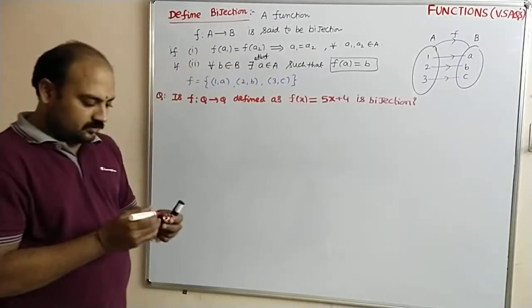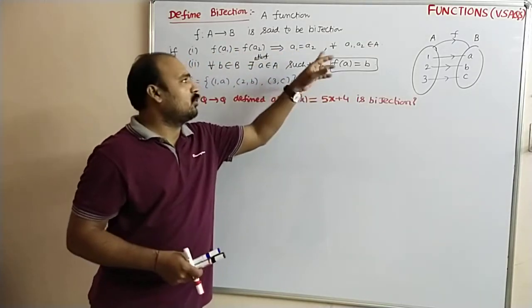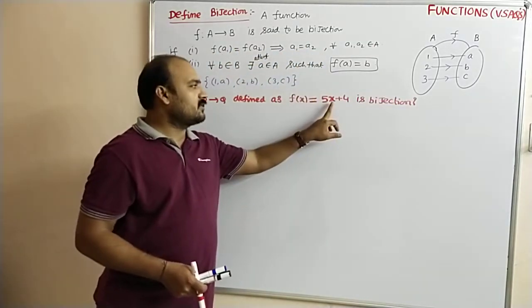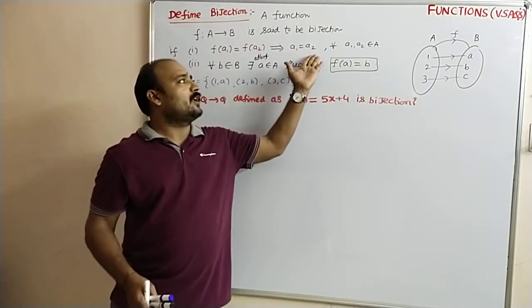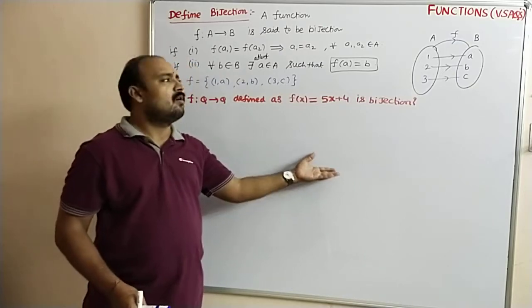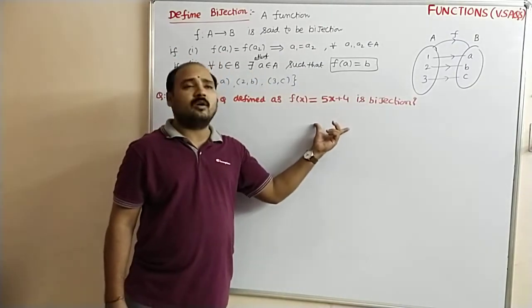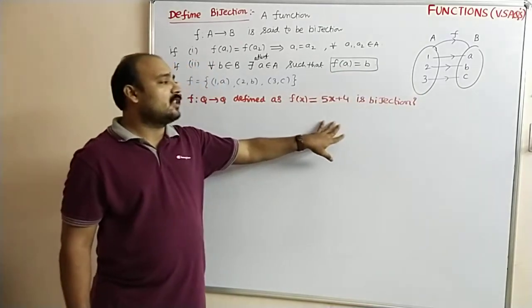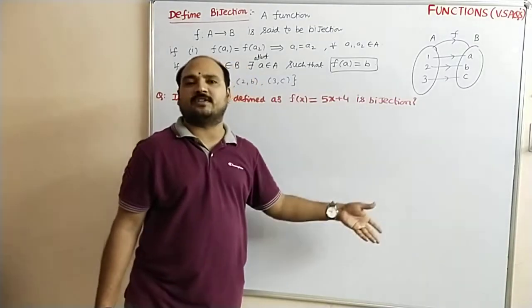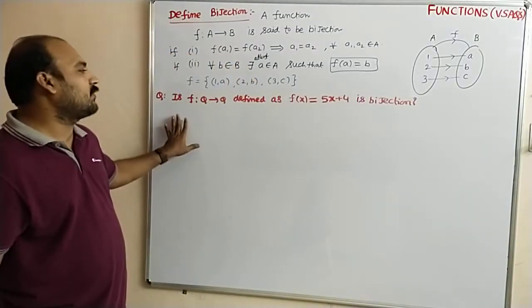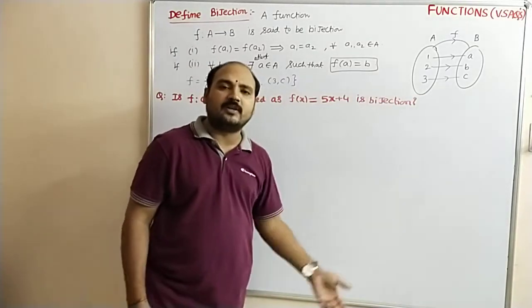We will check that. Whenever f of x1 equal to f of x2 implies x1 equal to x2, then f is one-one, or injection. If f of x is equal to y has a solution, then the function is onto. If both are satisfied, the function is a bijection. If not, the function is not a bijection. They are asking whether this function is a bijection. We will discuss.